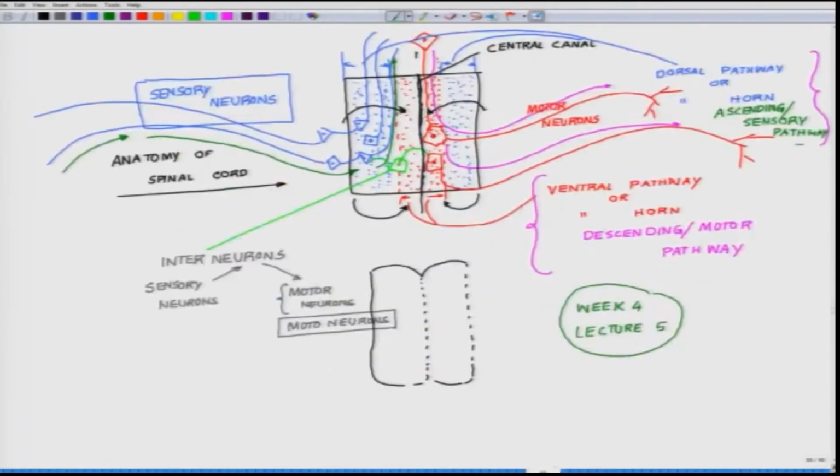This I have already shown you. And then I have told you about the motor neuron pathway, the dorsal pathway, the ventral pathway, the descending pathway and all this stuff. Okay. So, part of the anatomy I have already covered.